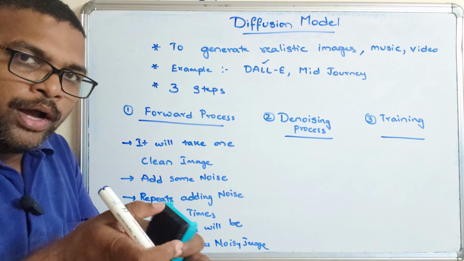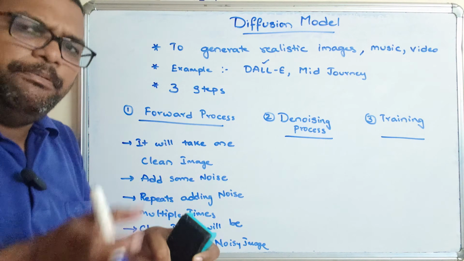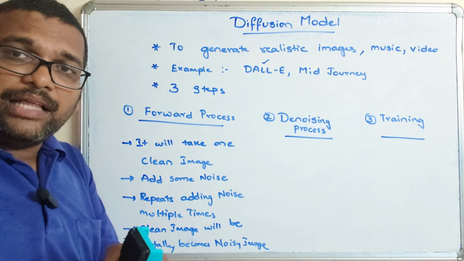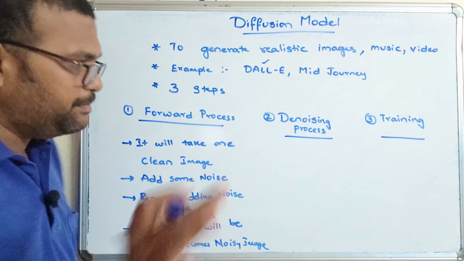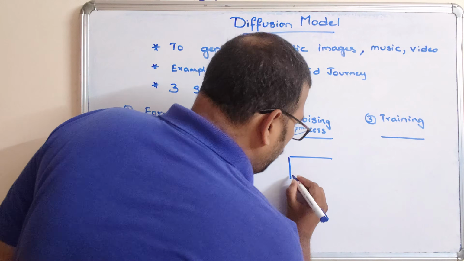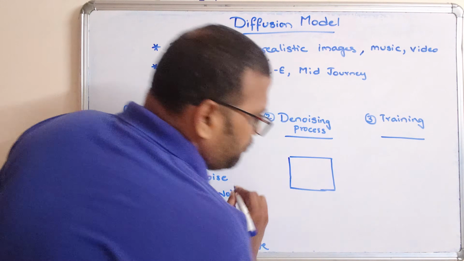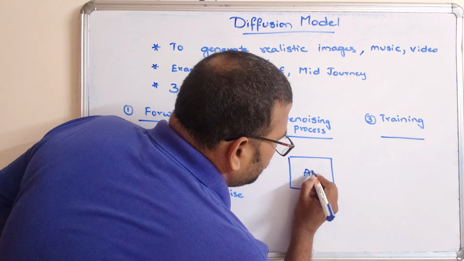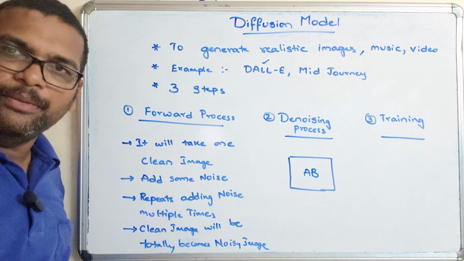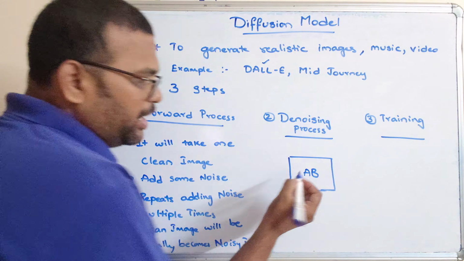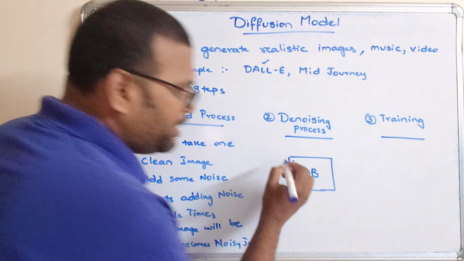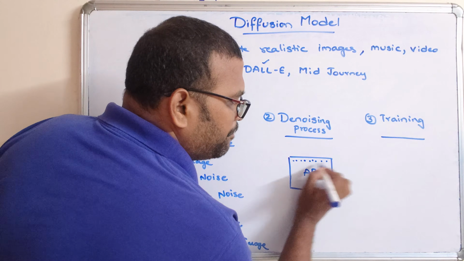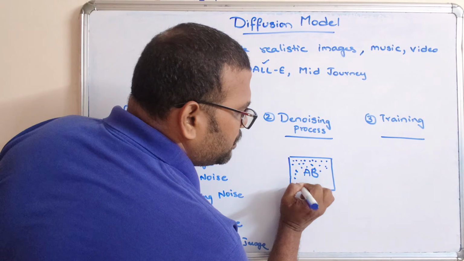If the same noise is added to the image multiple times, after some iterations the clean image will automatically be converted to a noisy image. For example, let us take one image. Let it be a textual image consisting of AB. First time it will add some noise, second time it will add some more noise, third time some more noise, then fourth time, fifth time, sixth time, seventh time.